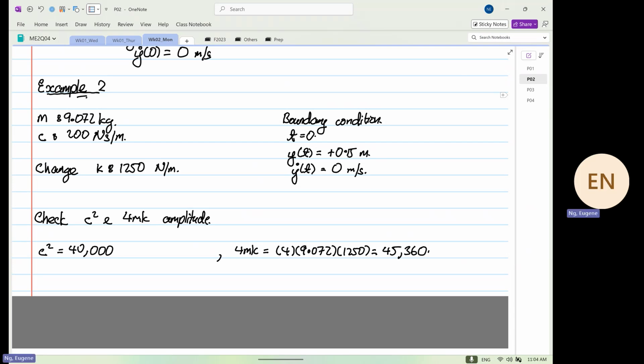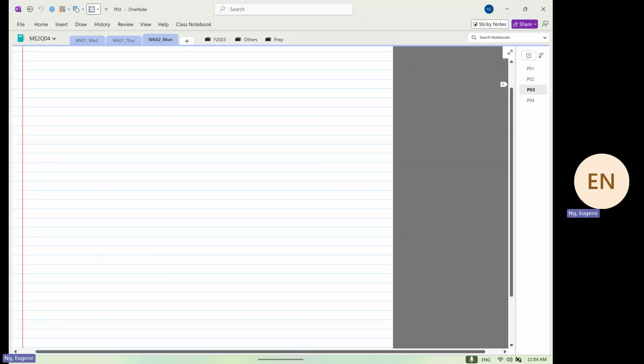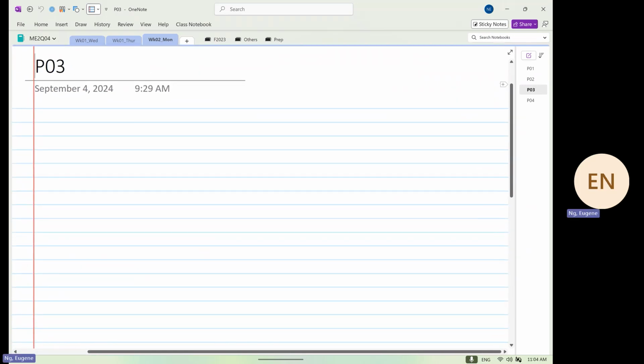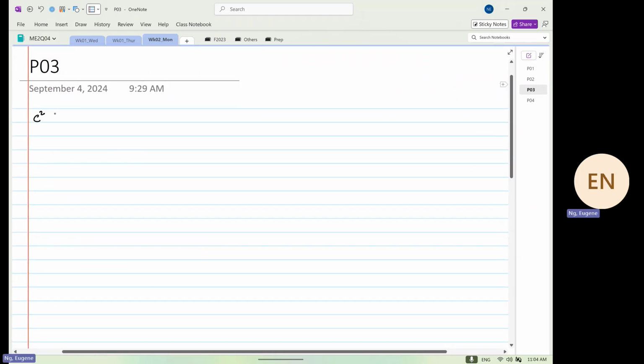So once you reach a condition like this, what we have now is C squared is less than 4mk. So I'll teach you how to remember what to do next.